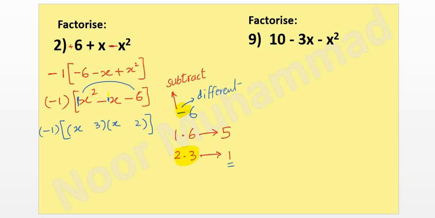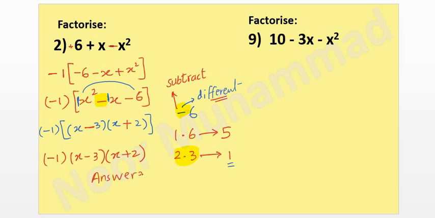The middle sign goes with the larger number. So this one is going to get negative, and this one will get a different sign, so it will become positive. So finally our answer will be -1 into x minus 3 into x plus 2. So this is the final answer.